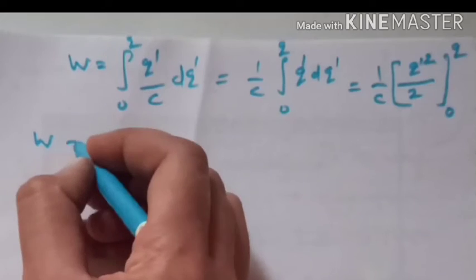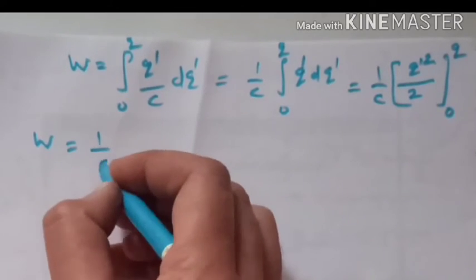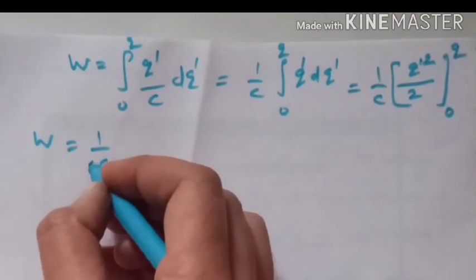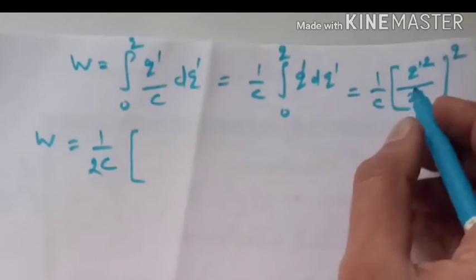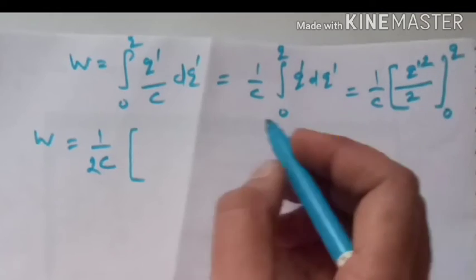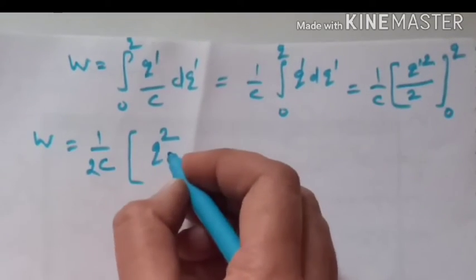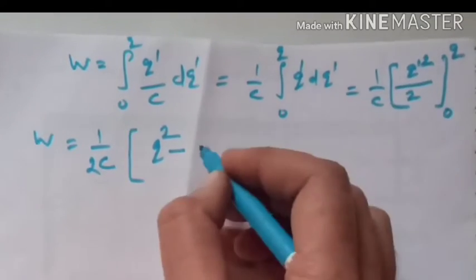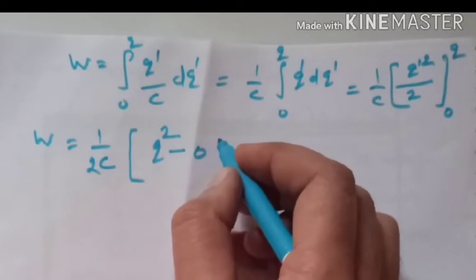So this work done W is equal to 1 by C, taking 2 outside, Q dash. Put Q in place of Q dash. Here is Q square, upper limit minus lower limit, and the lower limit gives 0.